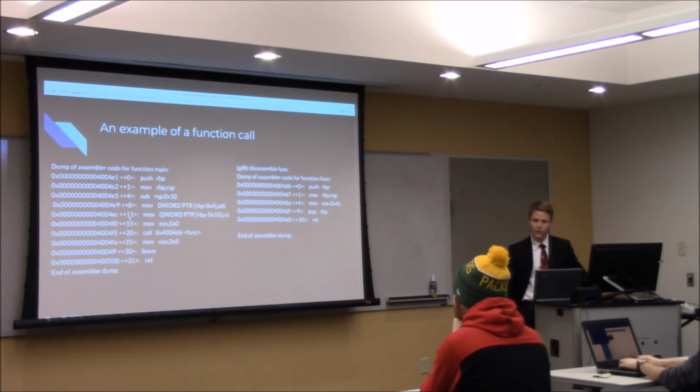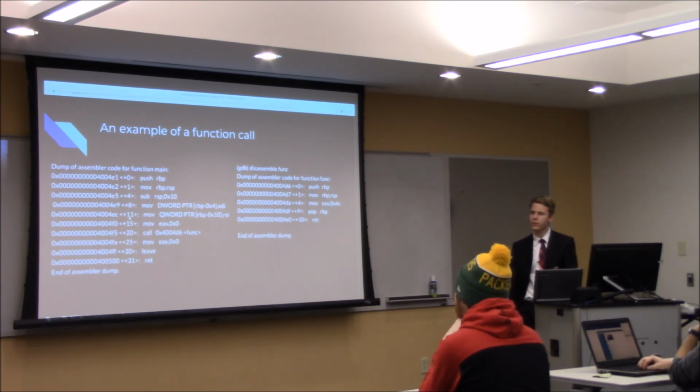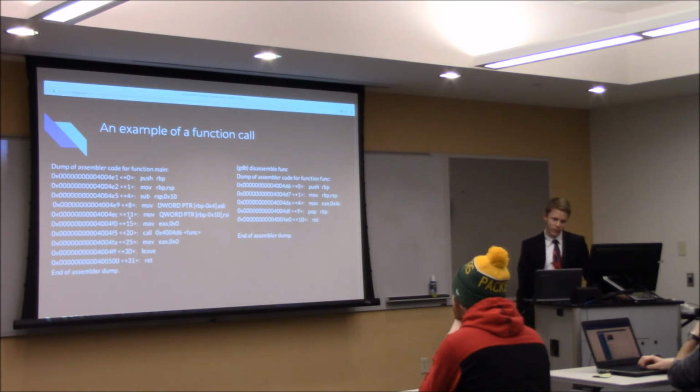Subtract 10 from the current stack pointer. And then here we're moving these 2 addresses, which are the 2 arguments we've given to the main function of our program, onto the stack.